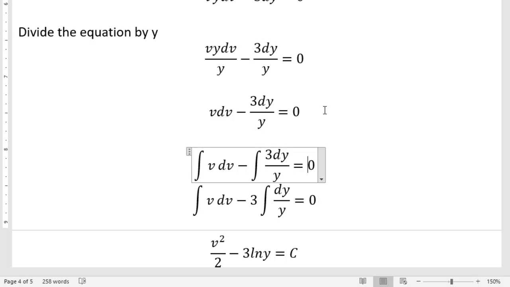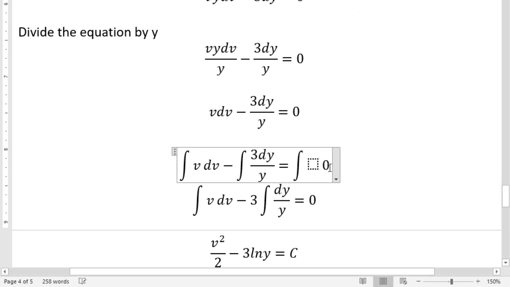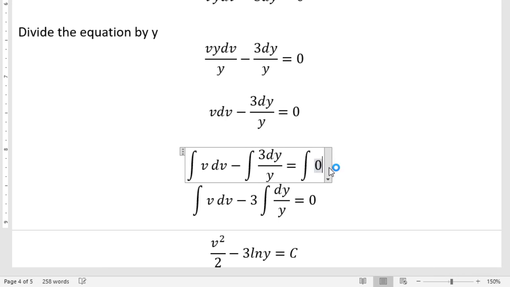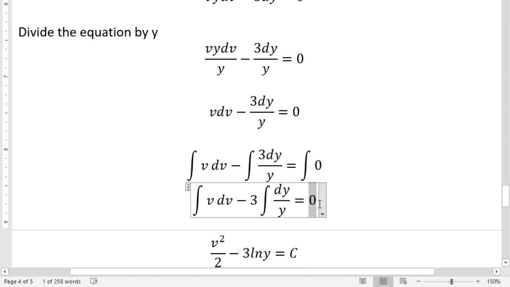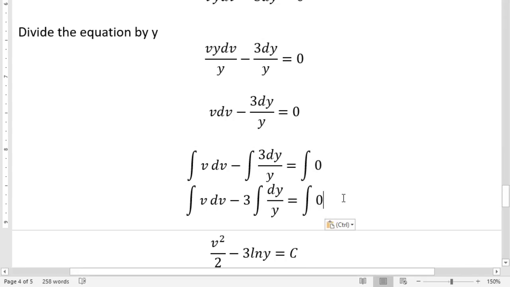So, the integral of v dv minus 3 dy over y is equal to the integral of 0.